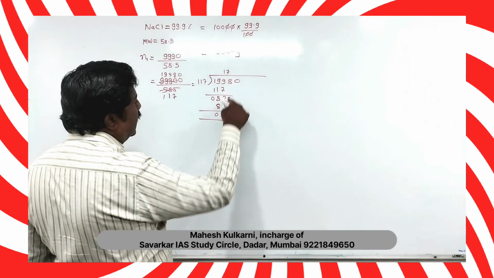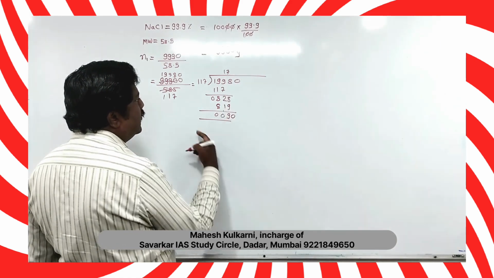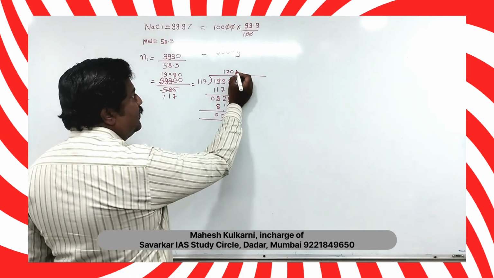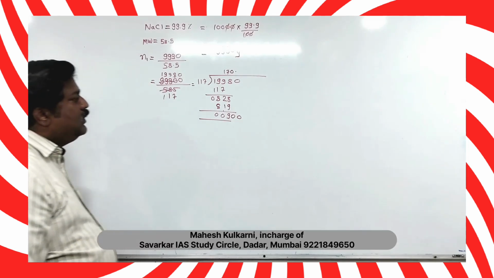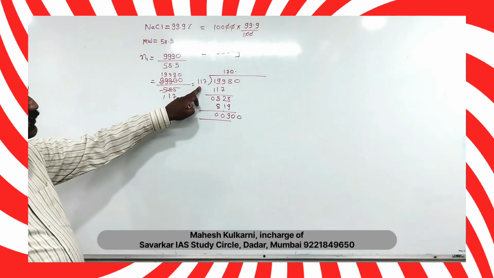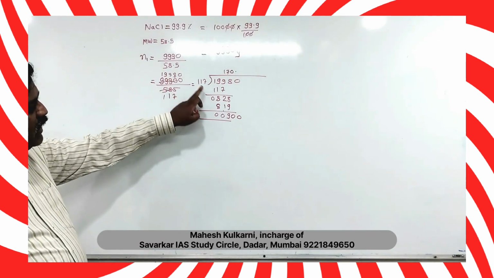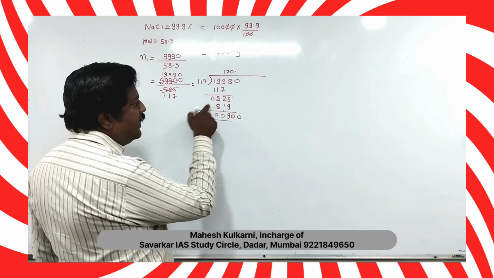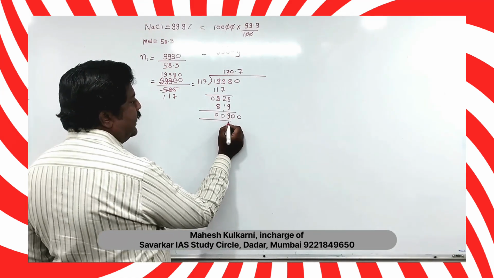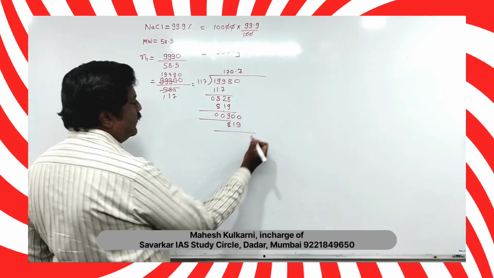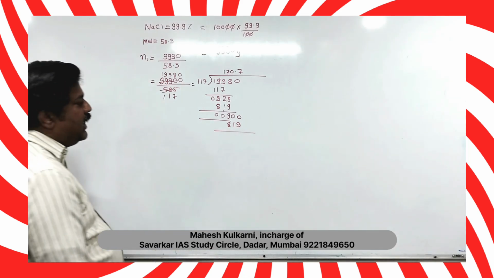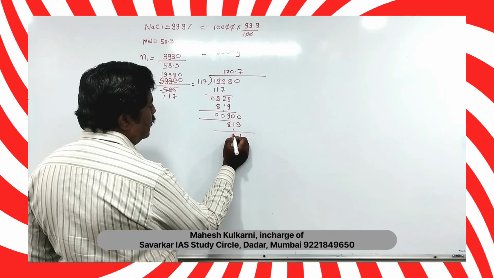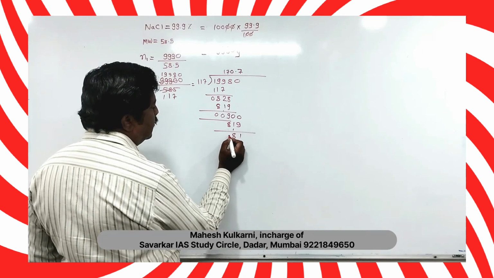Now after 8 I have to take 0, but we are aware we can't divide, so keep it 0 as it is. Then put decimal and take one more 0. Now we can go here as again 7, because you are aware that 7s are, we are getting 819. So directly I will go here 180.